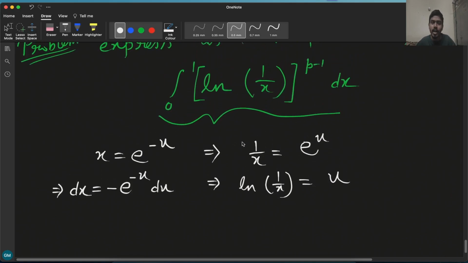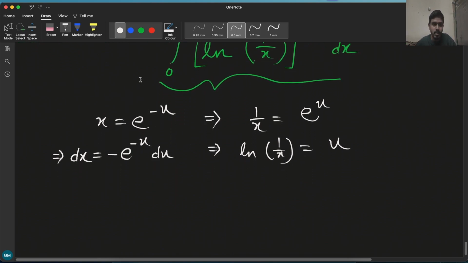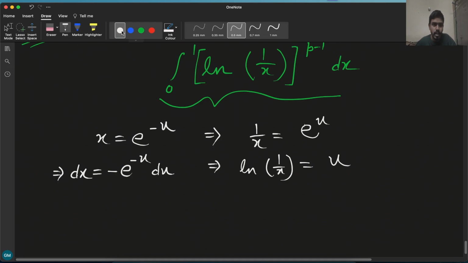And so what I will do is I will basically replace this x by this u. In that case, I also need to replace this limit. So for this limit, as x equals 0, this 1 by x will tend towards infinity.